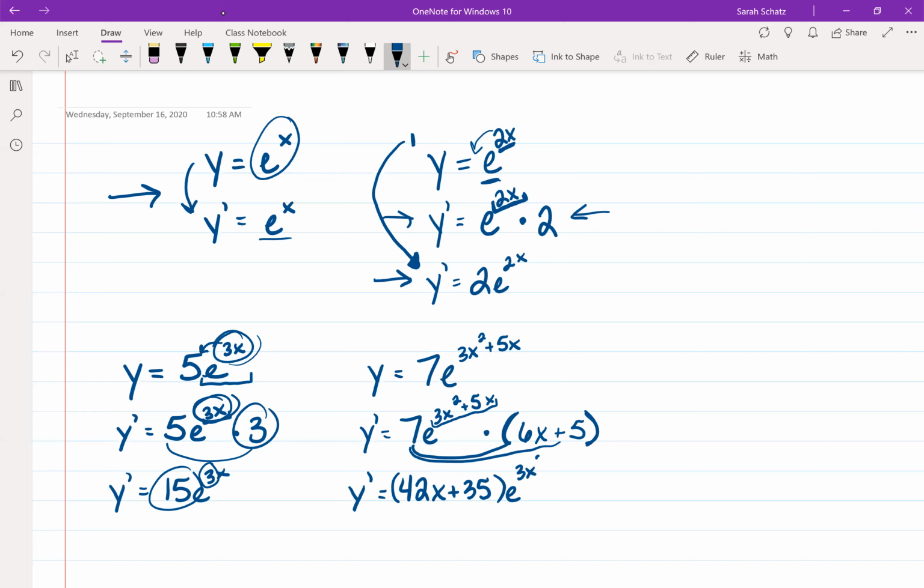Make sure, if you do that, which I would recommend, it looks a lot nicer, keep these in parentheses. It says that this e term is stuck to both of these terms with multiplication. So just being aware of parentheses is important, of course, and I know I say that all the time, but it is.